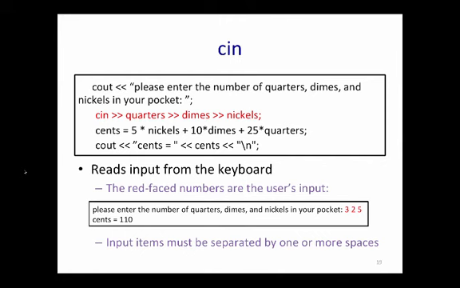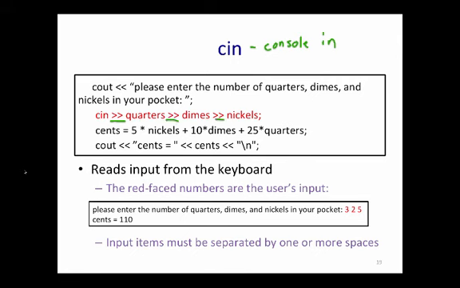In cin, which you have seen so far for reading input, it stands for console in, and it takes input from the terminal or from the terminal window, and it uses greater than as its delimiter. And you can see that we use greater than to separate our list of variables.